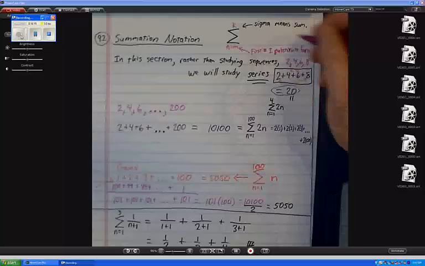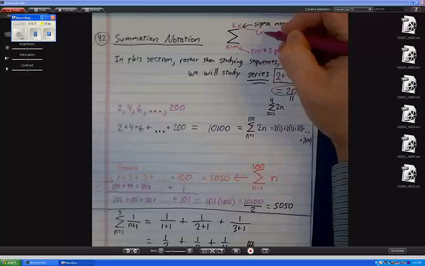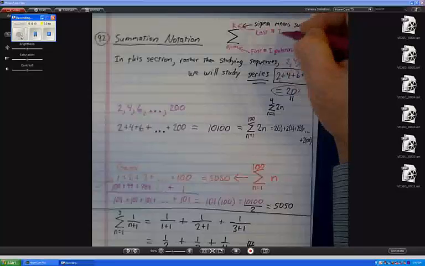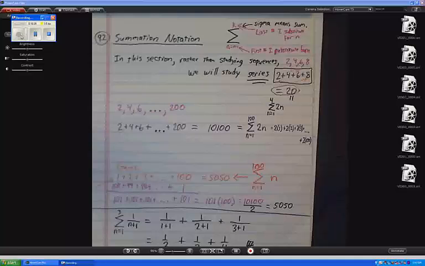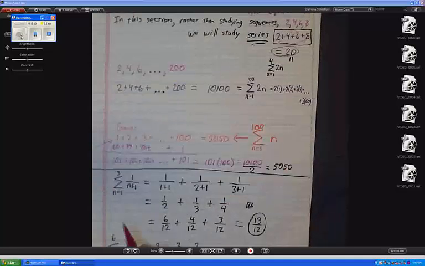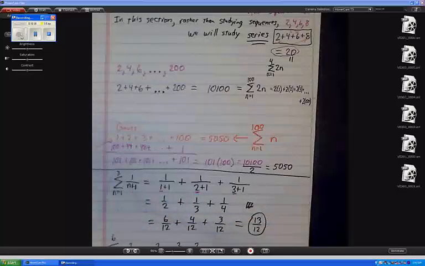And this is the last number I substitute for n. So back to the question you had, Alex. You were talking about this n equals 1 to 3, this one right here. So we put in a 1 for n, we put in a 2 for n, we put in a 3 for n, and then we stopped because 3 is the last number I put in for n. Okay? Like a foreign language, you know? That's really what this is about.